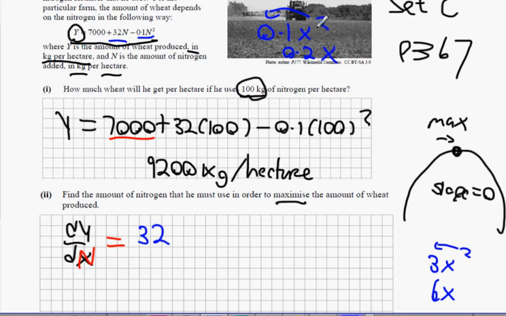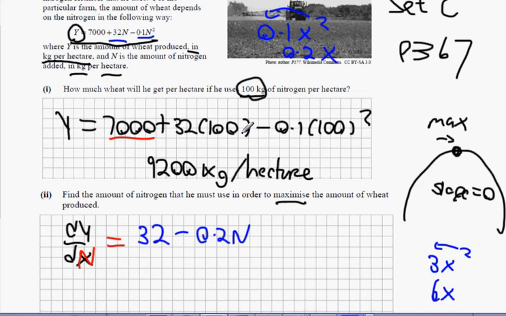In this one we're multiplying 2 by 0.1, which gives us 0.2. Take 1 away from the power, and you get x, or in this case it's n. It is minus 0.2, because there's a minus n squared. Okay? Kg per hectare.